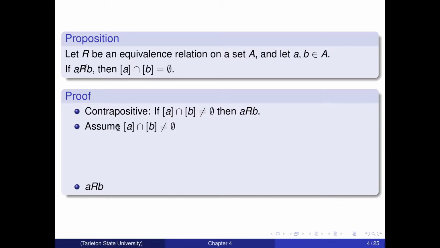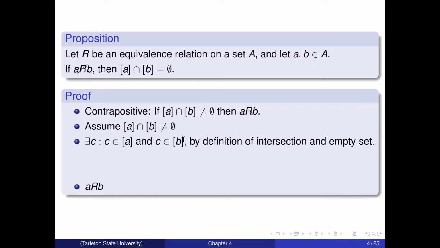So we start off by assuming that bracket A intersect bracket B is non-empty. Of course, that means there exists some element C that is in both of those equivalence classes. That's just what an intersection means. And if C is in bracket A and C is in bracket B, then C is related to A and C is related to B by definition of equivalence classes.